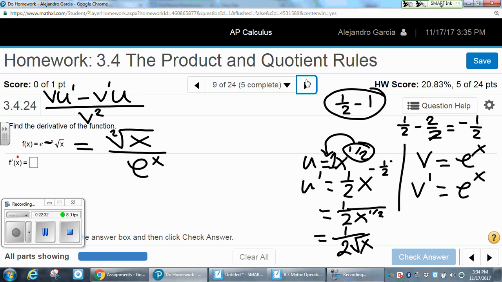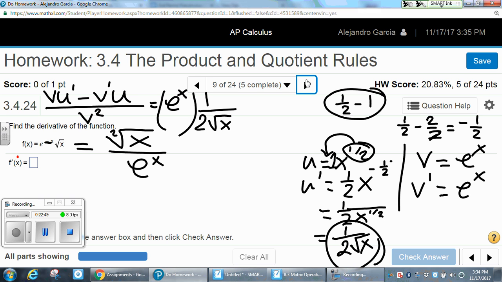Okay, and so we start substitution. So we start with e to the x times u prime, and u prime is all of this here. So it will be 1 over 2 square root of x. Minus the same thing. Minus v prime, so that will be e to the x also.